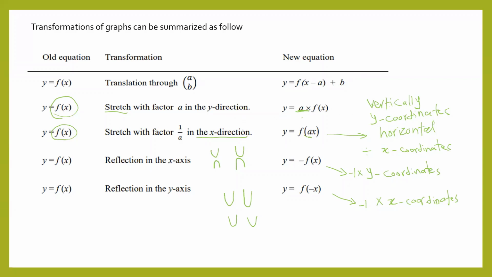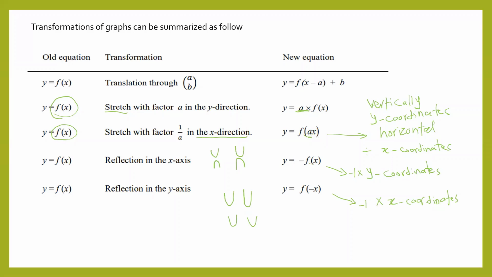Regarding the vertical, you will multiply each y coordinate by the number which is here, if it's an integer or a fraction. The same thing will happen with the x coordinates, but by division: if the number is written inside the bracket, you will divide each x coordinate by the number in here, if it's an integer or a fraction.